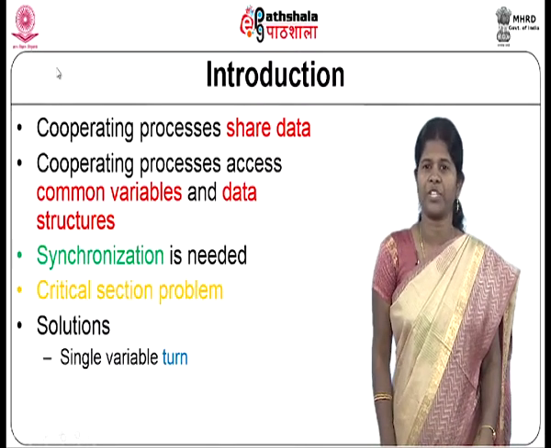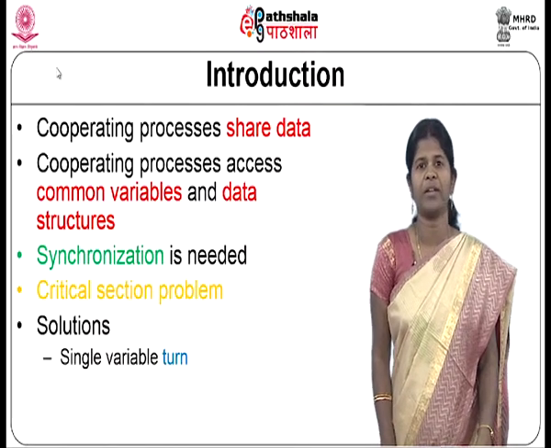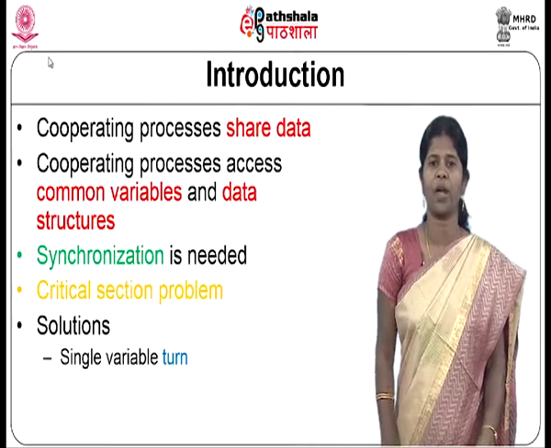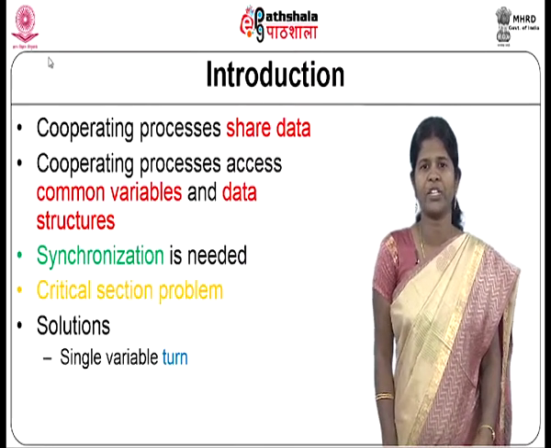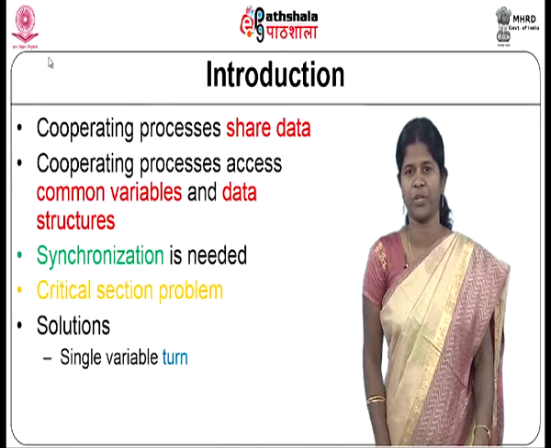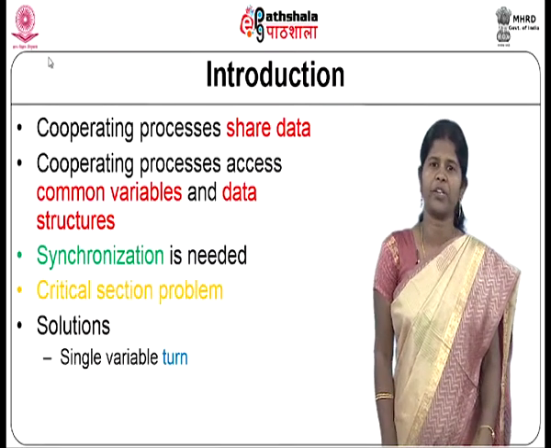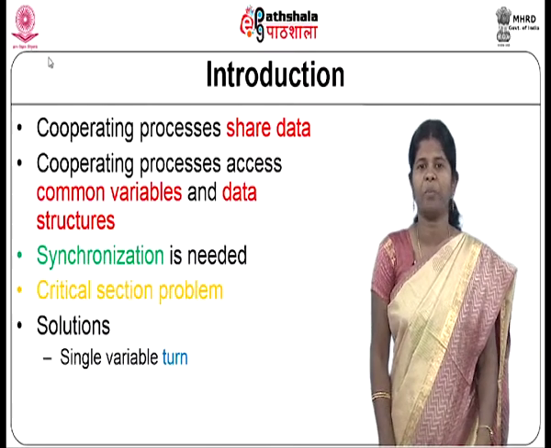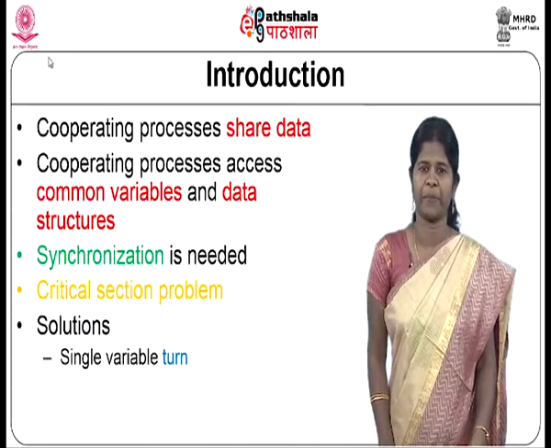The algorithm that we saw in the last module used a single variable, and that solved the condition only for mutual exclusion. The other condition, progress, was not satisfied by the solution that we saw earlier.